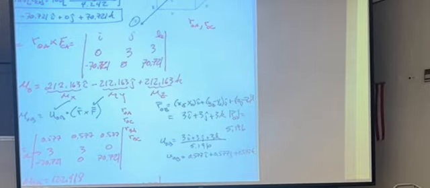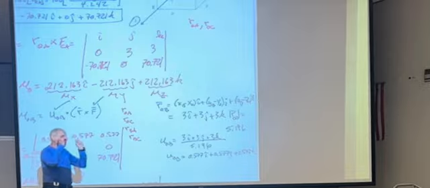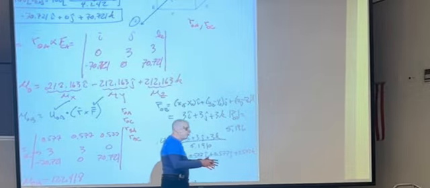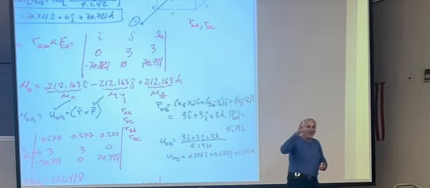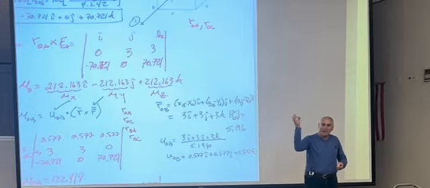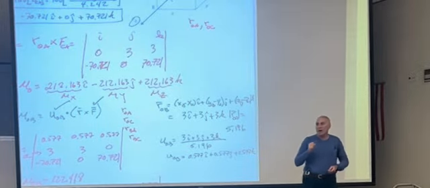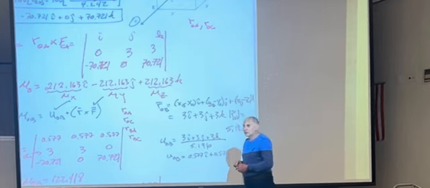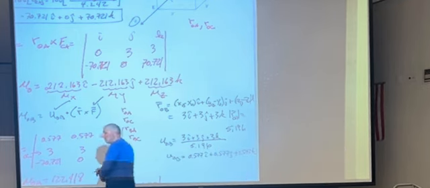You know why I like that even better? Because the more zeros you have in the determinant, the easier it is to calculate the determinant. Did you ever hear that? Pick an R that has a ton of zeros. Why? Because it's very easy to calculate the determinant with a ton of zeros.